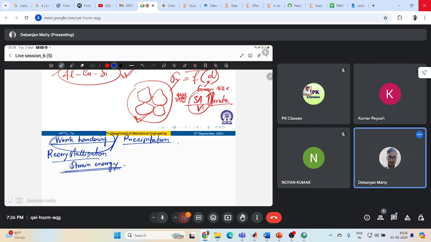Okay, so when you anneal a work hardened material, what will happen? The deformed grains in that material will tend to recrystallize by forming some fresh strain free grains, right?